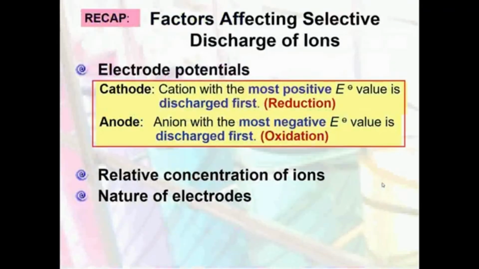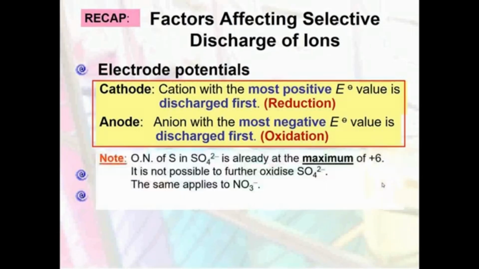To recap, factors affecting selective discharge of ions. First factor, electrode potential. At the cathode, the cation with the most positive E0 value is discharged first. At the anode, the anion with the most negative E0 value will be discharged first. Note that in sulfate, the sulfur is at its highest oxidation state, +6.